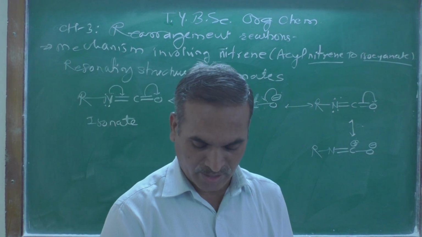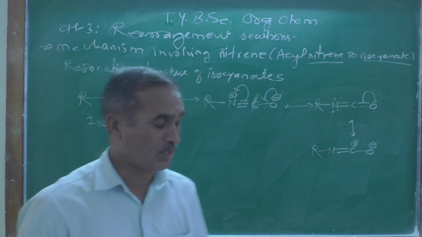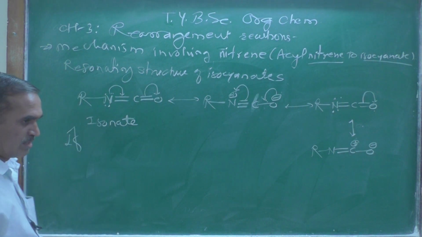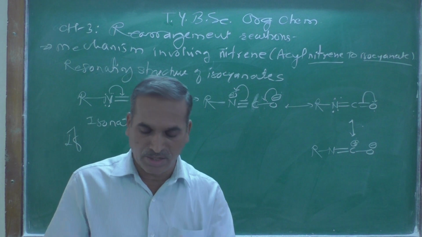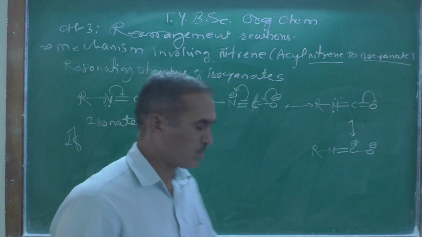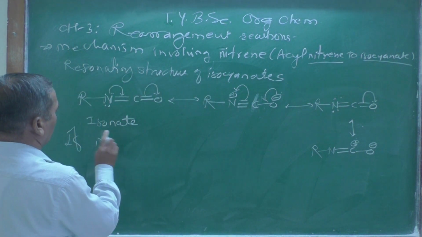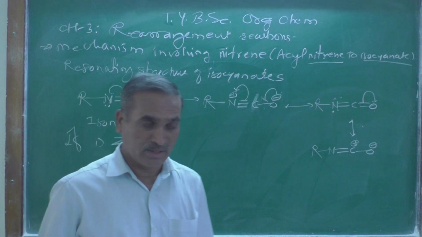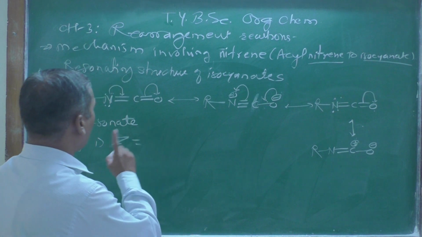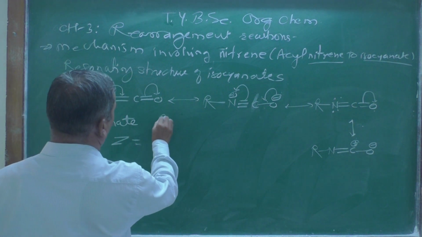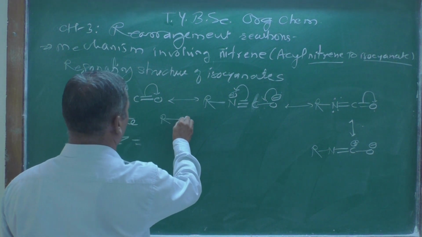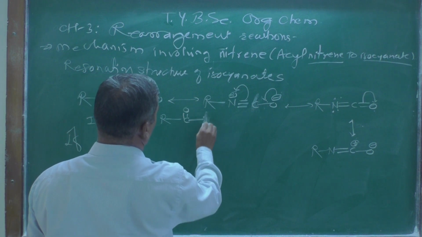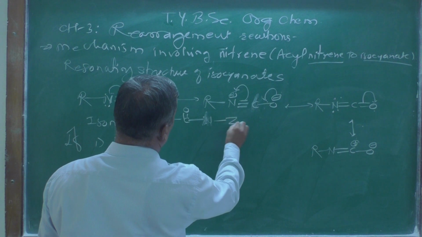So that's what we have seen over. Now suppose these are the conditions. Suppose the first one, if Z is equal to... As we know, the general formula of amides is R, C double bond O, then N, and then Z, right?